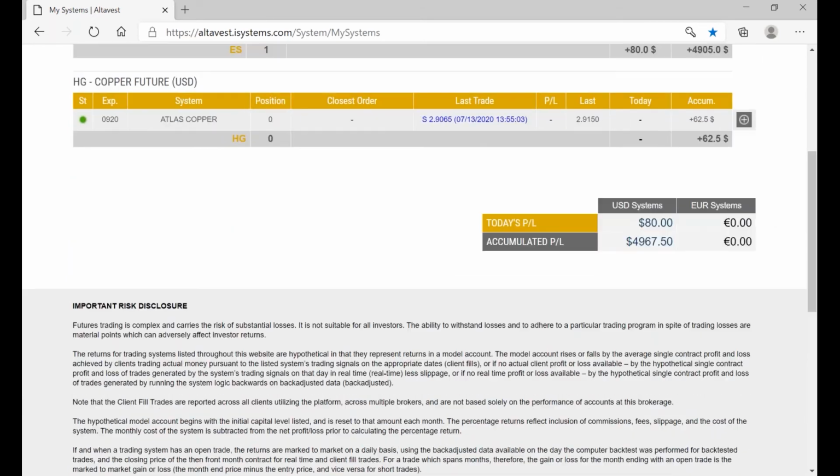And then you see your accumulated profit and loss, your total profit and loss on all your systems is reflected here. And if it were a real live account, it would show more details about your account, like your buying power, essentially how much capital you have remaining, how much money you have to work with.